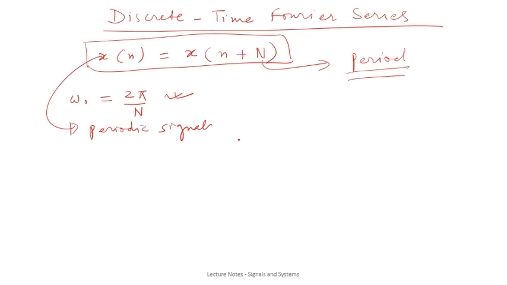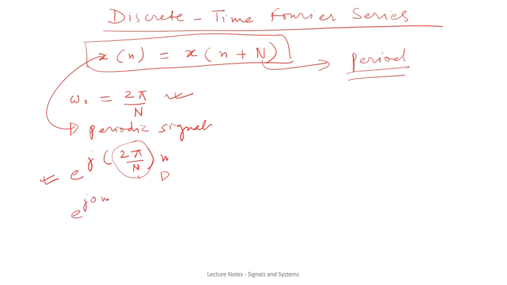So this complex exponential, that is e raised to the power j 2 pi by N n, where this part is representing the fundamental frequency, will be periodic with this value of N as its period. The exponential Fourier series will consist of different exponential terms.